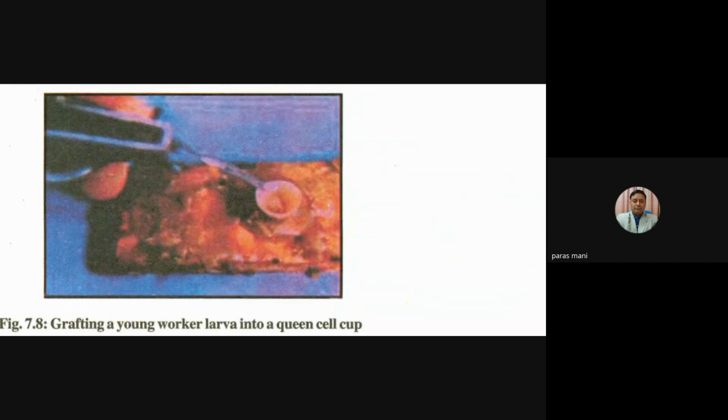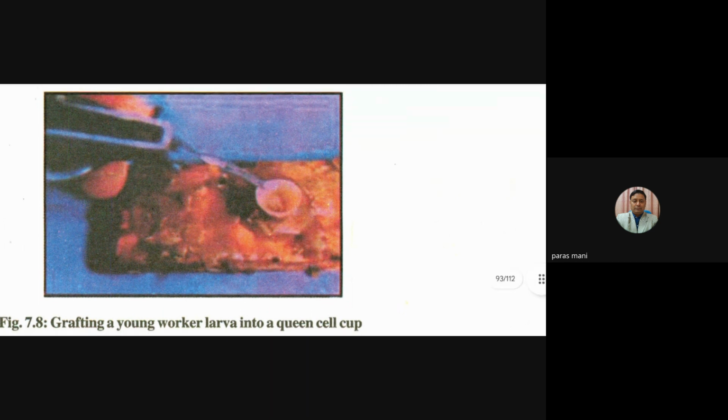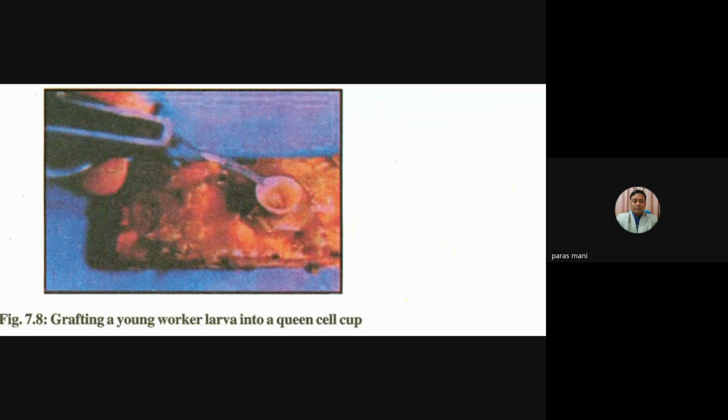And for transplanting young worker larva, that is 1 day or 2 day old larva, to such queen cup cells, we need a very micro tool, a spatula like tool, a micro spatula, that can be used for removal of young worker larva along with royal jelly in it.